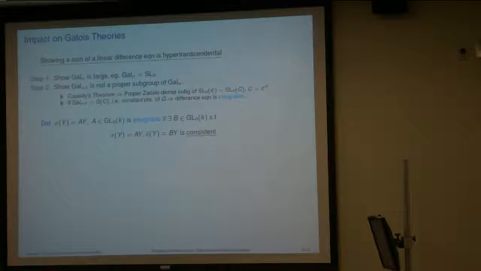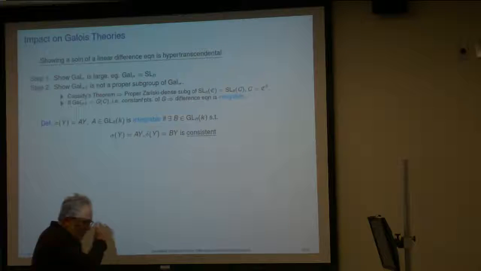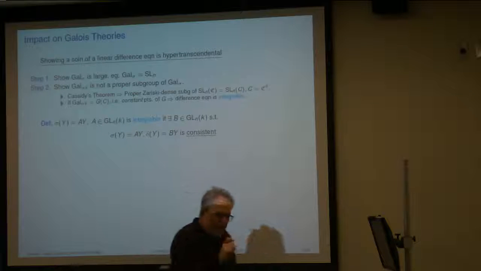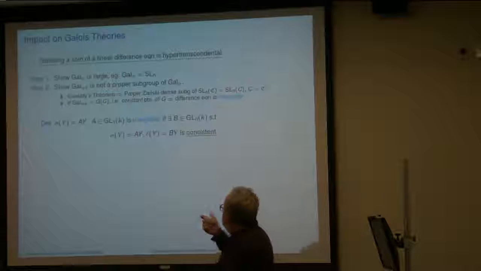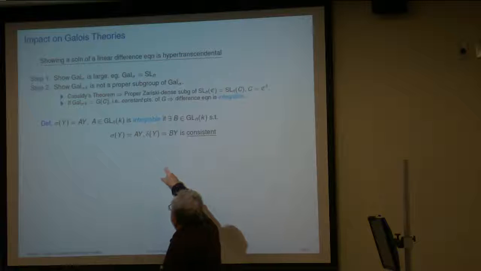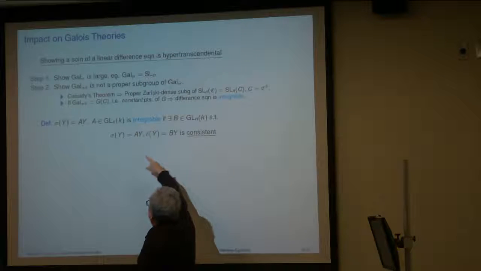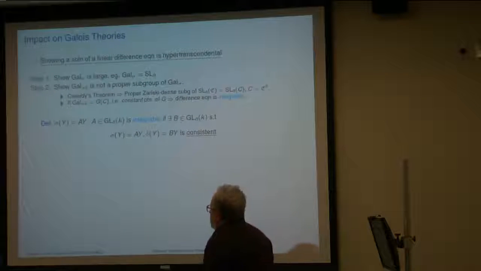And now we come to this notion of integrability, and it's a strong form of consistency. So in these situations, sigma and delta commute, so the consistency condition is actually the commutation. So it's just what we call integrability.